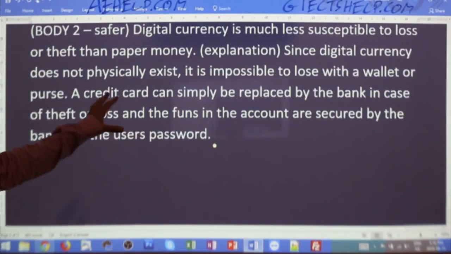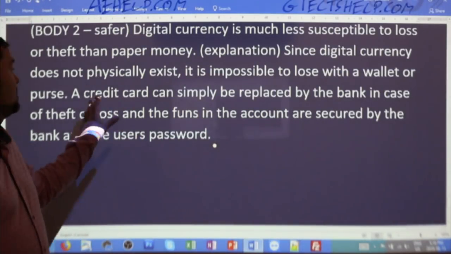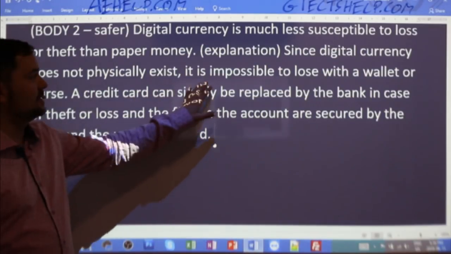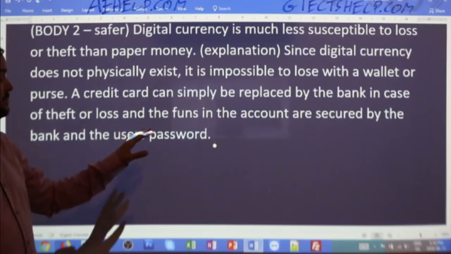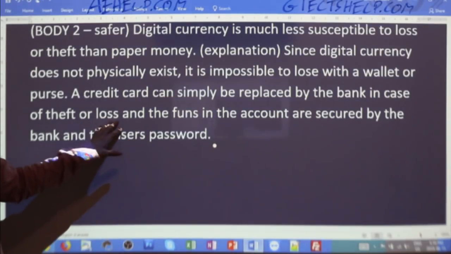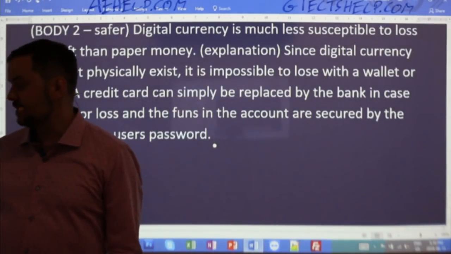Okay, a lot of different ways that you could write that. But since digital currency does not physically exist, it is impossible to lose with a wallet or purse. A credit card can simply be replaced by the bank in case of theft or loss, comma after that, because we're joining another full sentence.